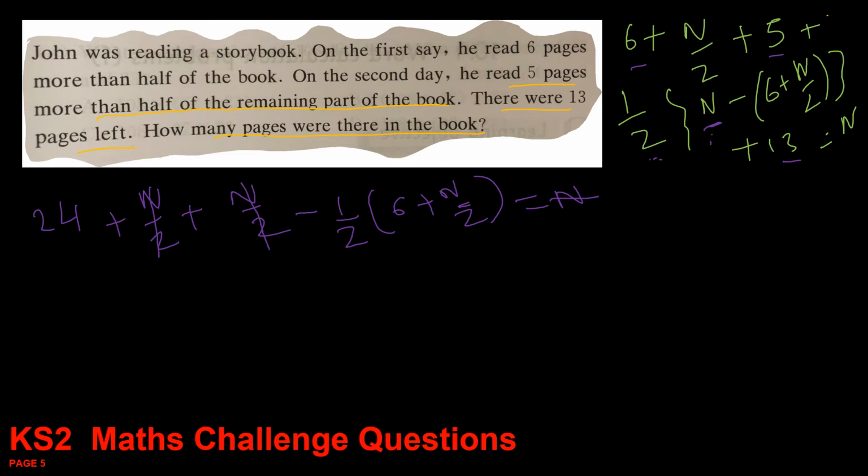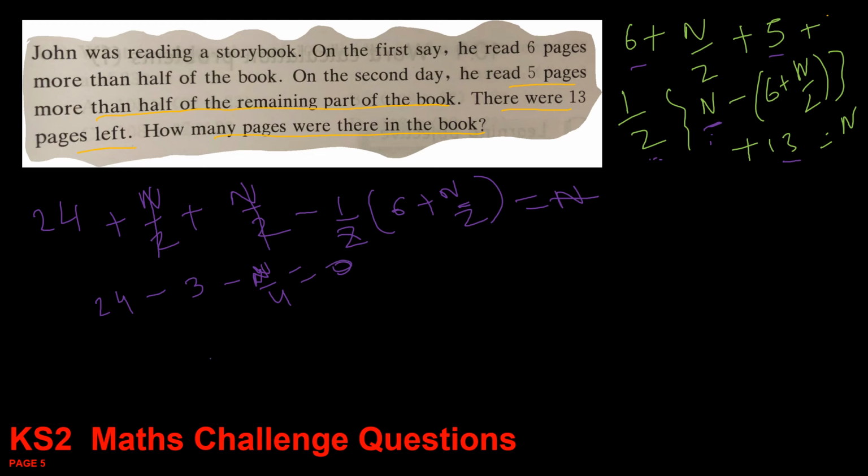So what we are left with is 24 minus, so 6 by 2 is 3, plus n by 4 with the minus n also multiplied by half, so it becomes n by 4, equals 0.